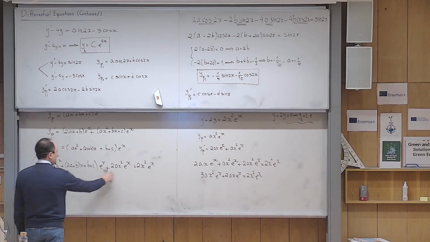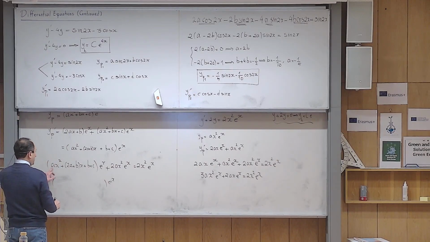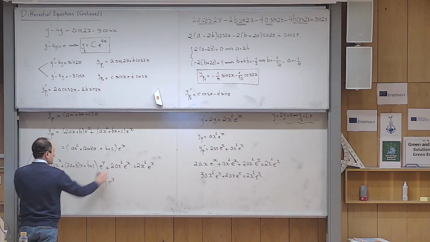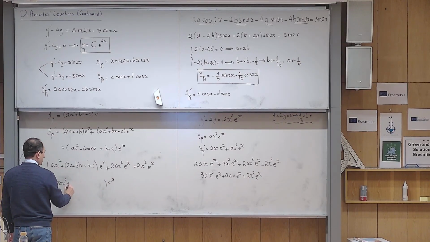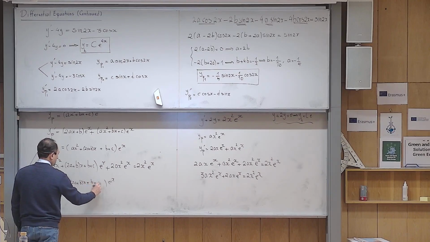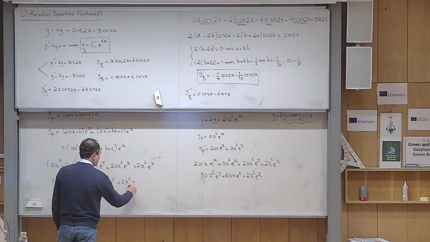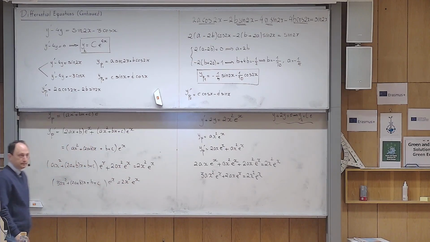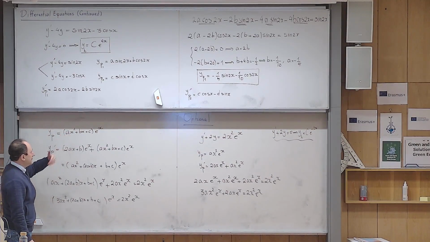Now I take an e to the x out. What happens here? So I have ax squared plus 2ax squared, so it becomes 3ax squared. And then I copy and paste the rest. And then this is supposed to be equal to this. So I am doing nothing, you know. I'm just claiming this is an educated guess, which is weird.